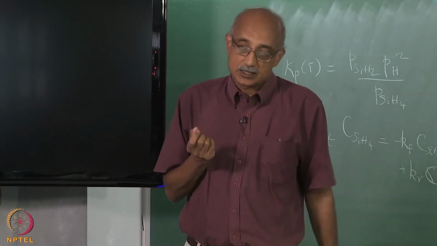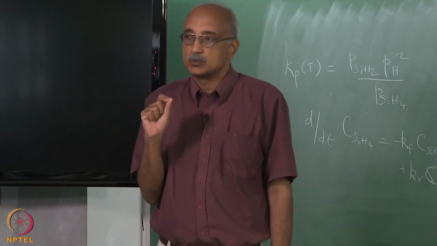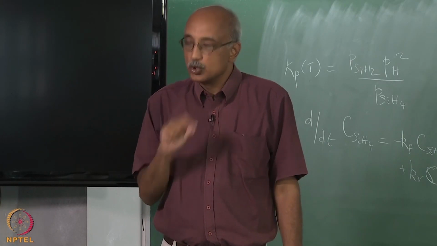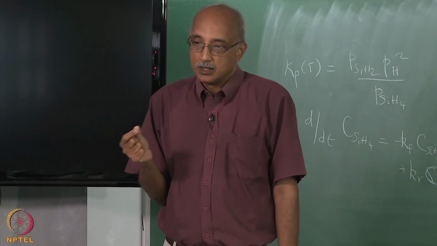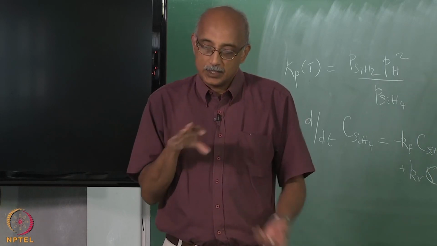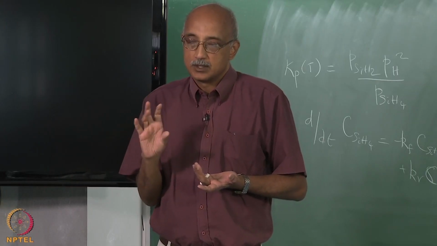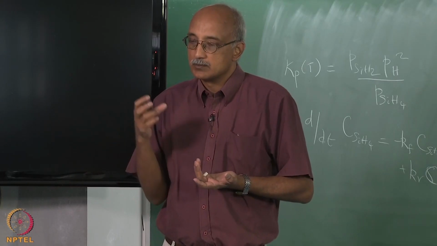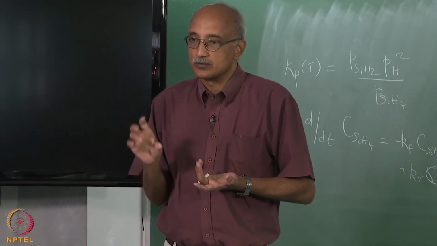So, what that means is that even though the concentration of the SiH2 species may be much lower in the gas phase compared to the concentration of the SiH4 species, the arrival rate or the deposition rate is actually the product of the flux of the species multiplied by the sticking coefficient or the accommodation coefficient.